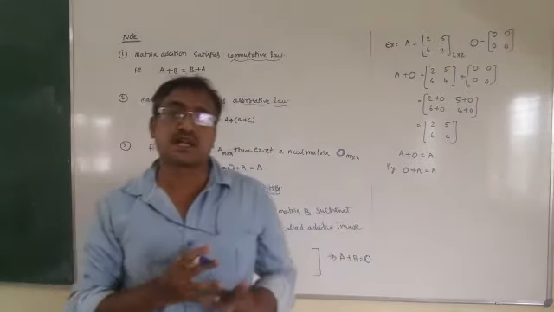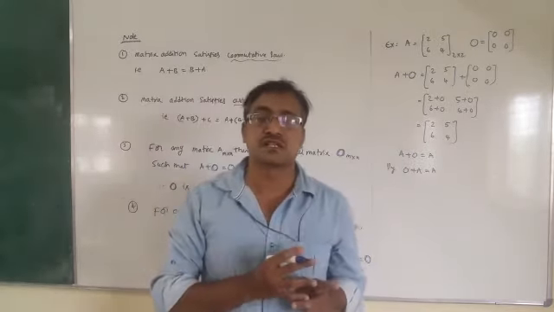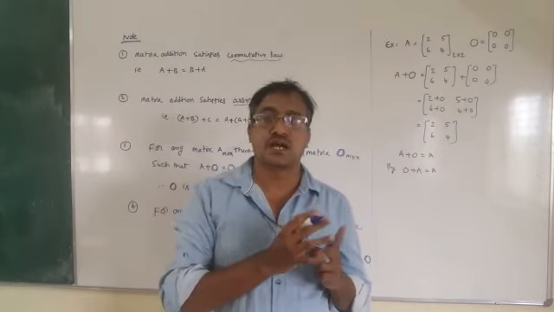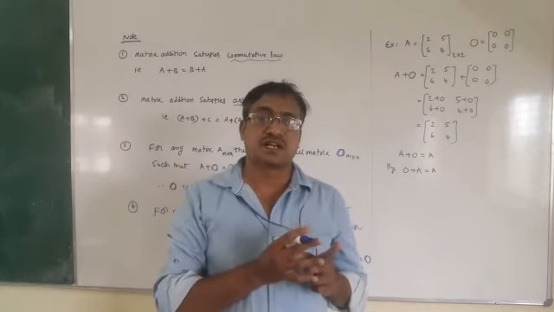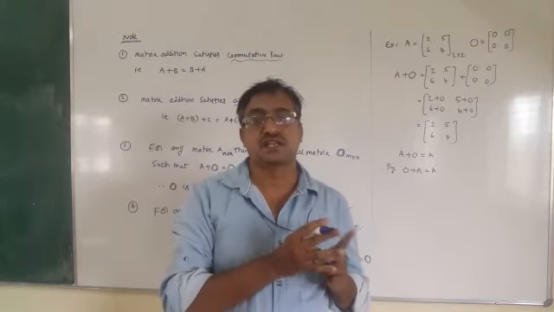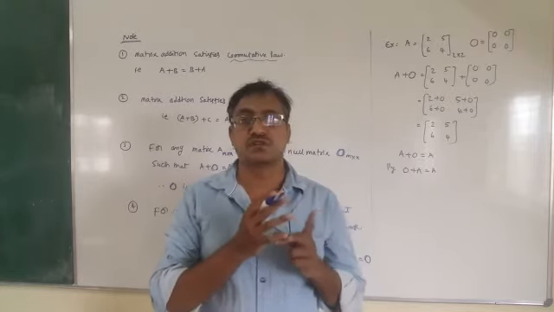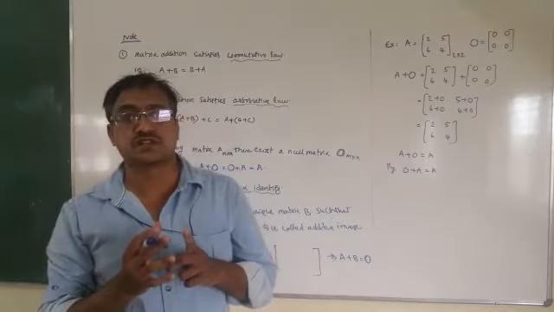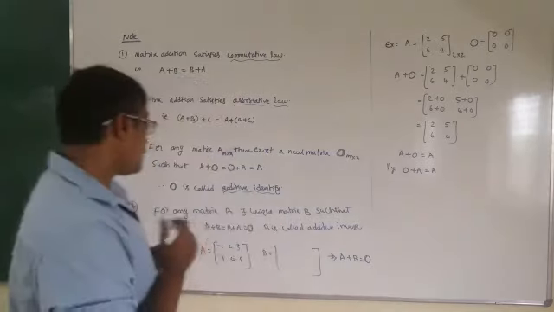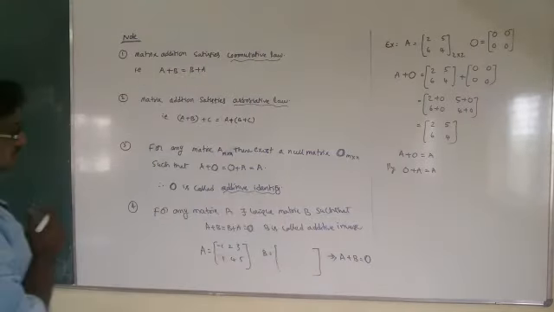Now this null matrix is called additive identity. So this matrix satisfies the condition A plus O is equal to O plus A is equal to A. Now next, another important concept.